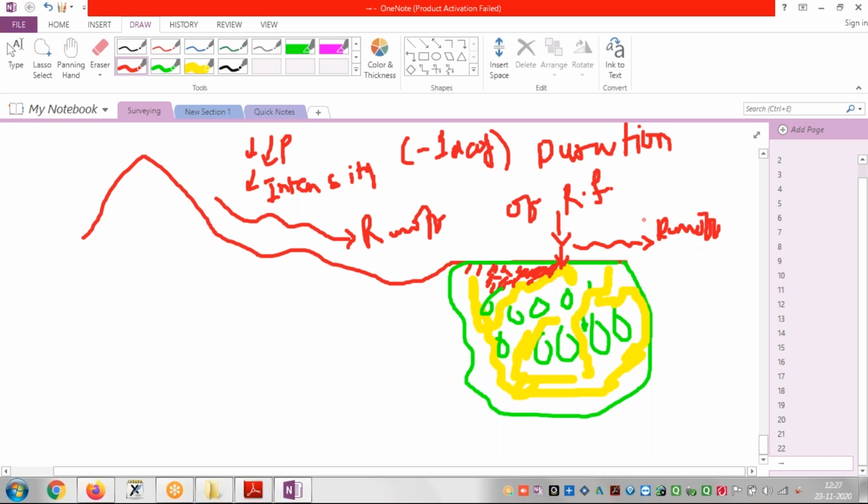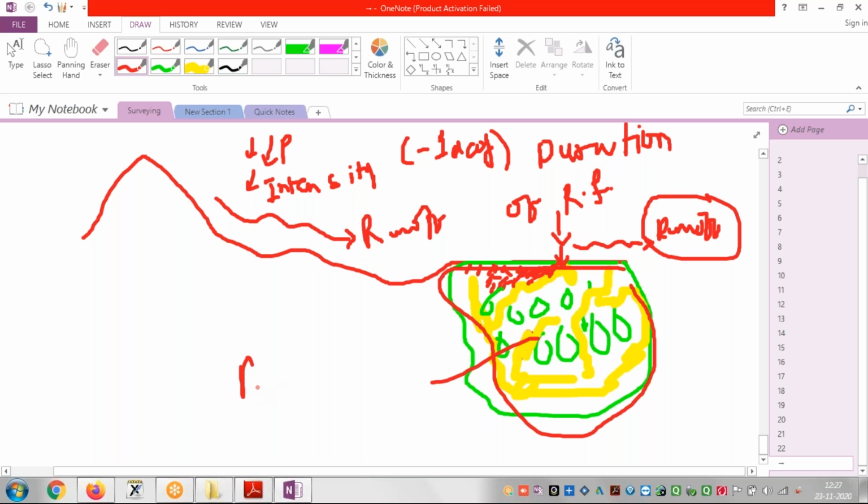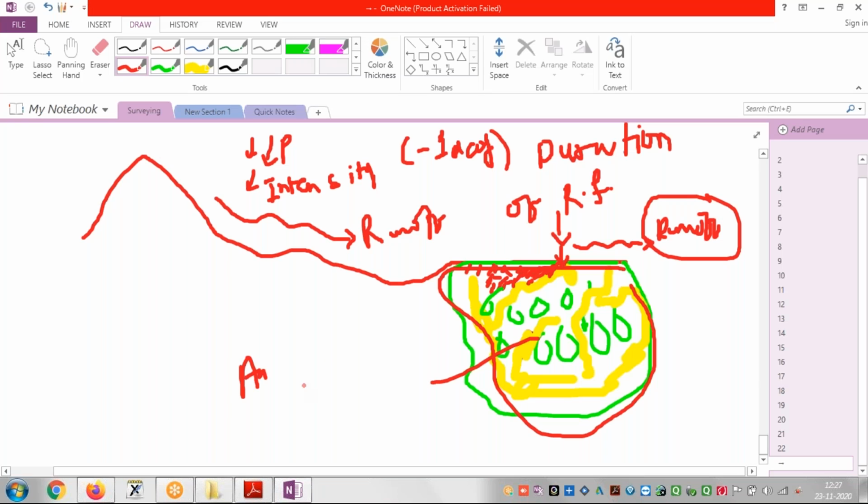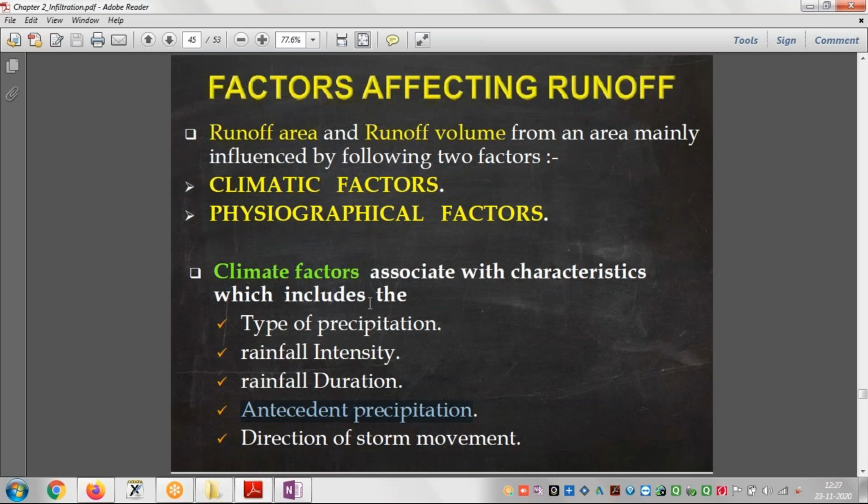After a very short period of time, the water which was going inside will stop, and the runoff will start very soon, because moisture is already present in the soil. That is called antecedent moisture. Antecedent precipitation means the water which is already present here. So because of that, more runoff will occur.